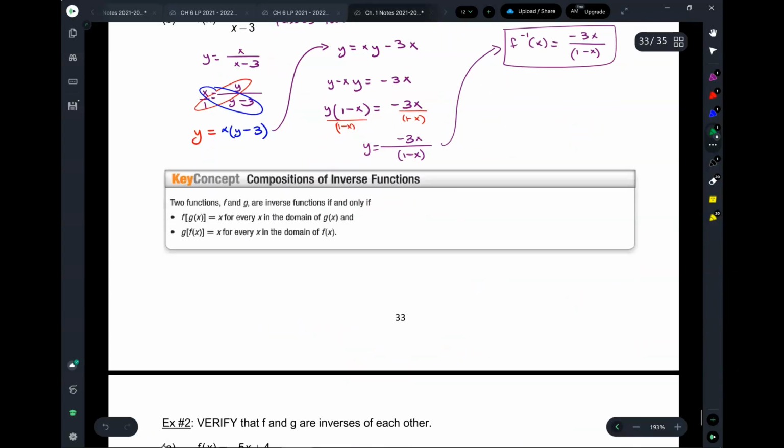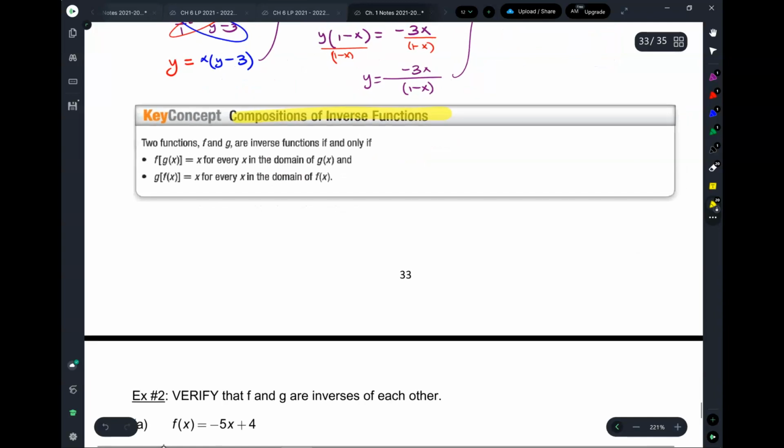Okay, now, there is a special thing that happens with inverse functions when you take compositions of inverse functions. There is a theorem, a rule, where it says if two functions are inverses, then f of g of x is equal to x, and g of f of x is equal to x.